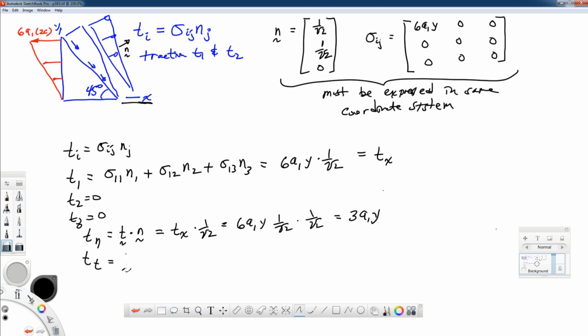We can find out what that traction vector component is. That would also be equal to, in this particular case, 3a1y. All right, well, let's take a break on this one, and we will pick up with some higher order Airy stress functions on the next one.